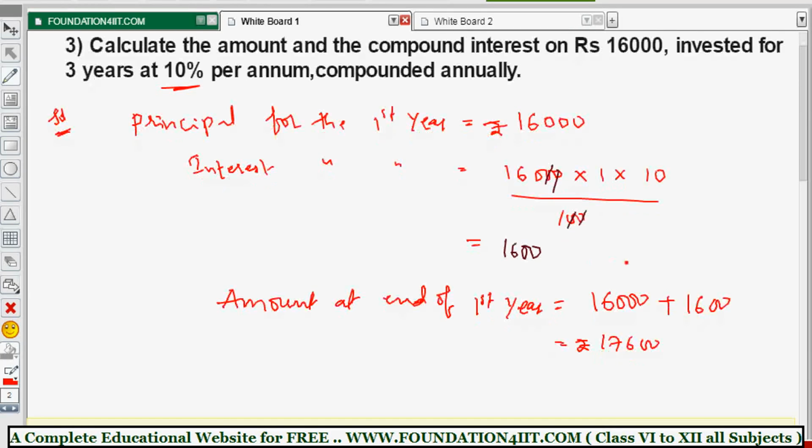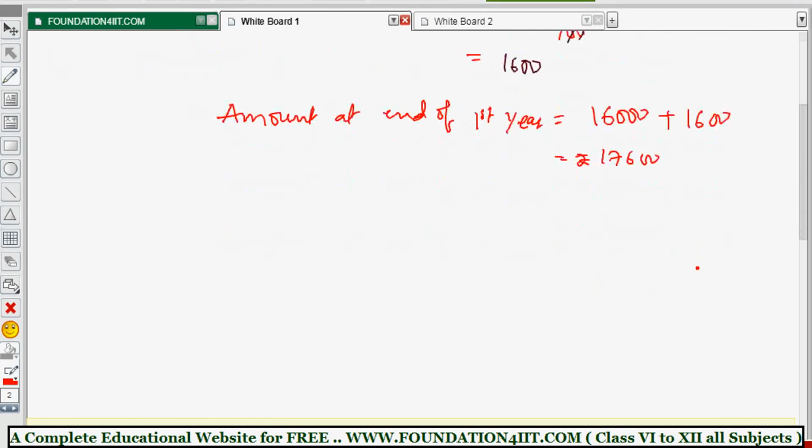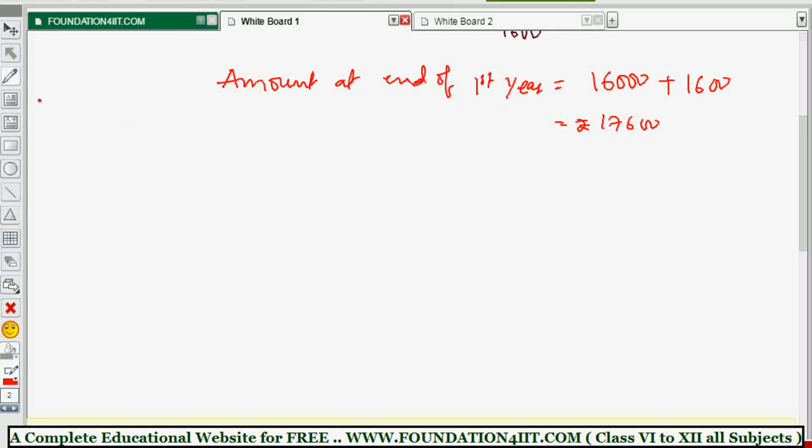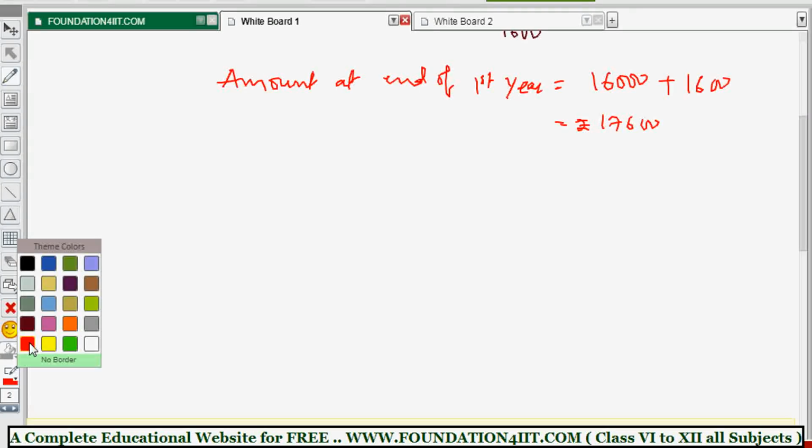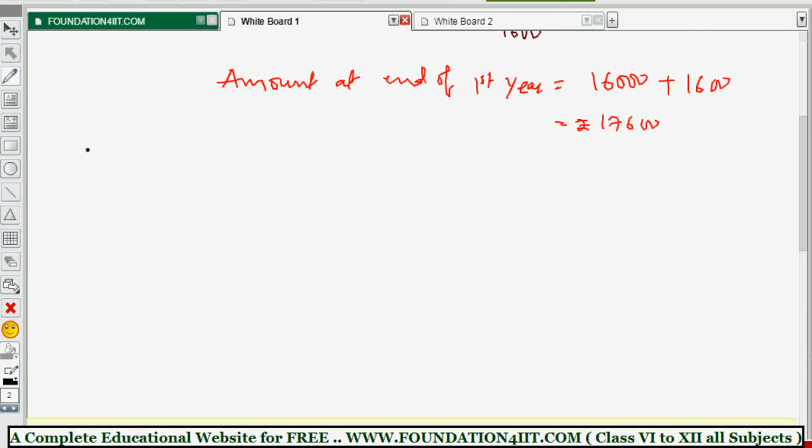Now we'll continue for 3 years like this. The amount at the end of the first year is 17,600. Now this amount will become the principal for the second year. So principal for the second year is the amount at the end of the first year, that is 17,600.